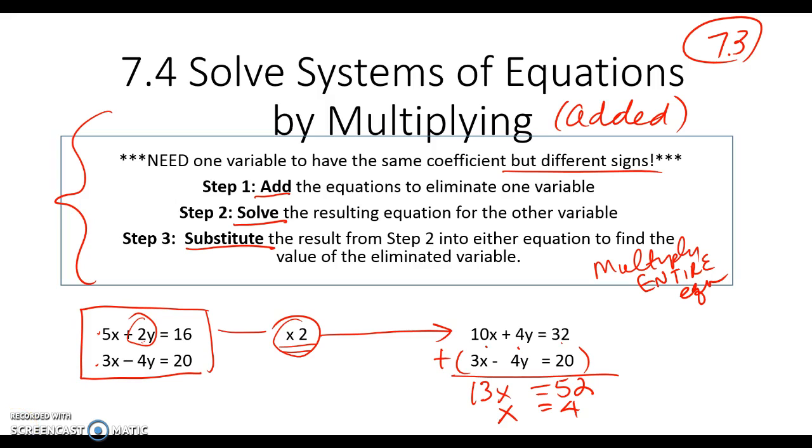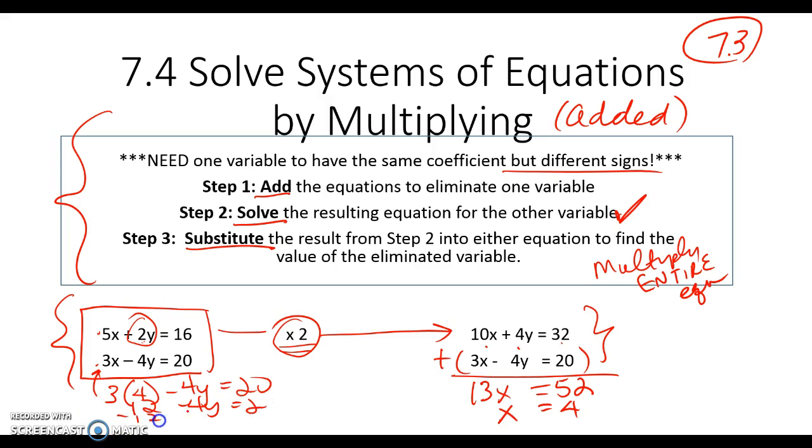All right, so I have x equals 4. So I just finished step 2 here, right? I solved the resulting equation for the other variable. I substitute it back into either one of the original equations. I can go right back here, or I can go right back here. It does not matter. So I'll come over here, I'll take x equals 4 and I'll plug it into this. 3 times 4 minus 4y equals 20, right? 12 minus 4y equals 20.